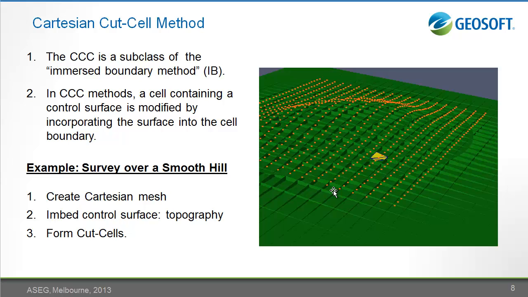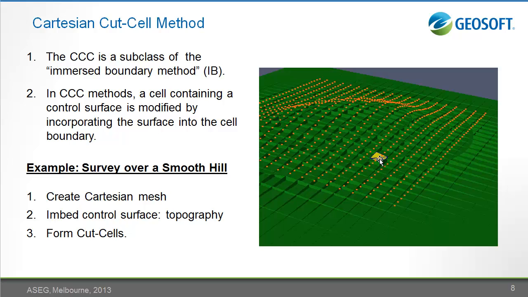To show you how that works in 3 dimensions, I'm showing you an example here of a survey over a smoothly varying hill, and you can see the survey locations here shown by the orange points, and the hill is represented by this green model. And what you can see in the model is there are flat surfaces, and these would be the top of a voxel or prism mesh.